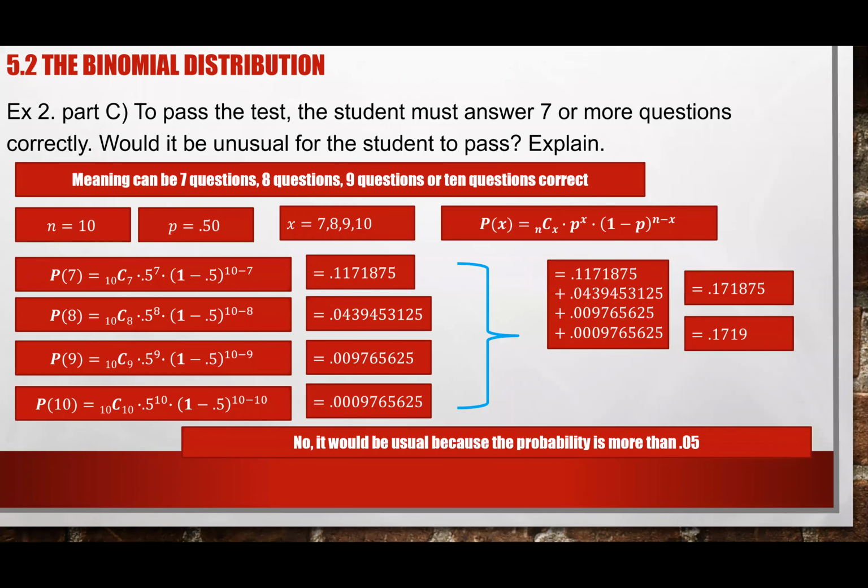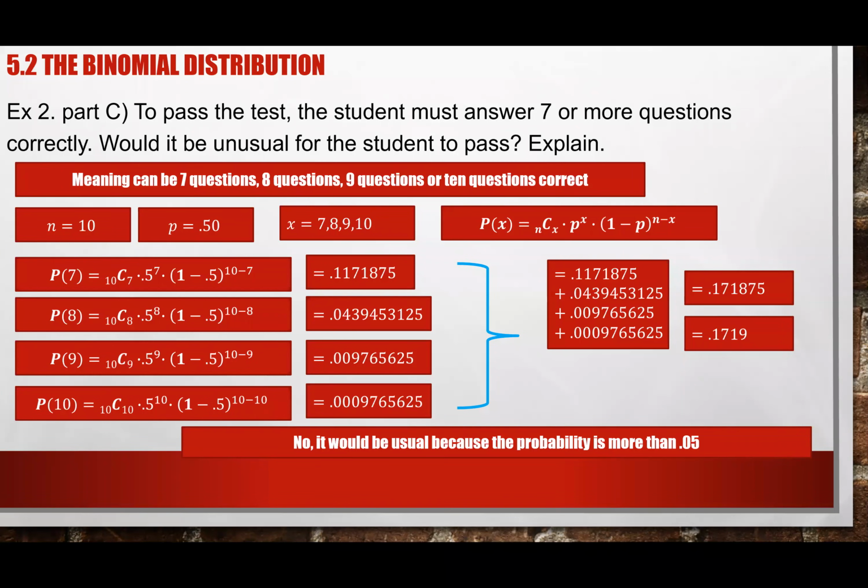So if your probability is less than 0.05, meaning if your probability is 0.03, it's unusual. If your probability is 0.049997, it's unusual. It's less than 0.05. They won't give you something that's exactly 0.05. Your probability will be something more, like 0.052. That is still usual.